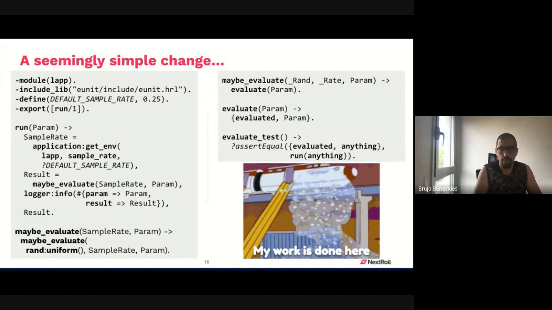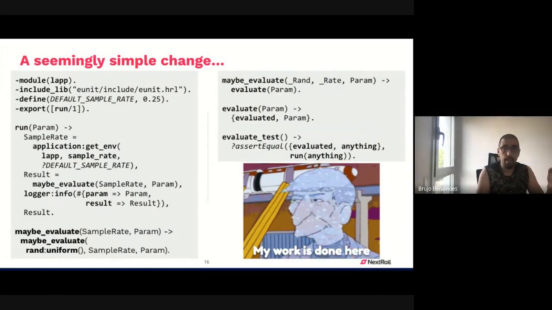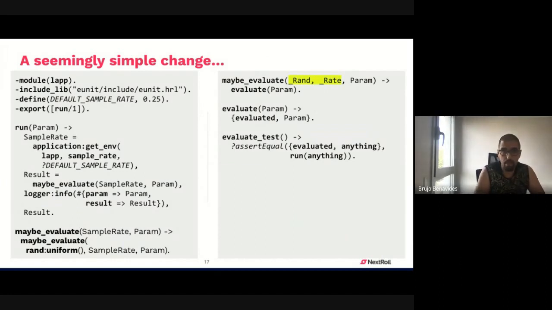But as you can tell here, because we are in the presentation, not in real-life code, this is not exactly the same as what we had before implementing the sample rate. For instance, we have two parameters here that are not used. Somebody with a keen eye can figure out that these two parameters are not used in any clause, and this is a private function, so they are actually not needed and can be removed.